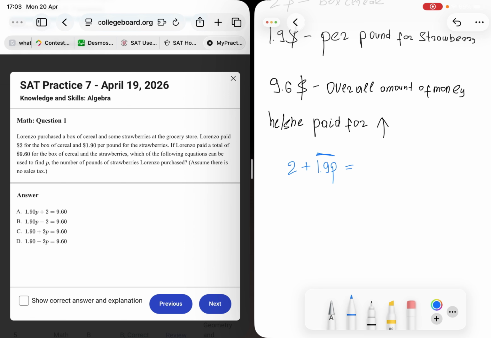And it is equal to 9.6, which is the overall amount of money Lorenzo paid for both of them. And so we will choose option A, because it doesn't matter in which order we write it, they are equal. This one and option A are equal. So our answer is option A.